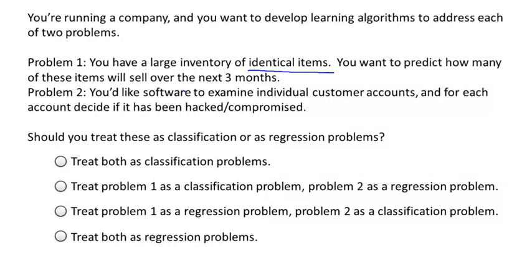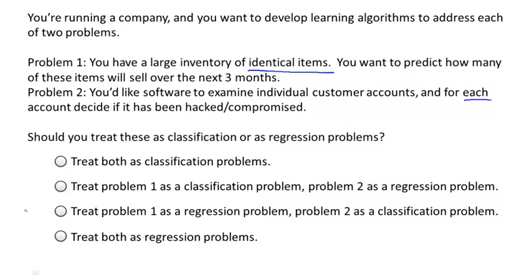In the second problem, you have lots of users, and you want to write software to examine each individual one of your customers' accounts, and for each account, decide whether or not the account has been hacked or compromised. So for each of these problems, should they be treated as a classification problem or as a regression problem? When the video pauses, please use your mouse to select whichever of these 4 options on the left you think is the correct answer.